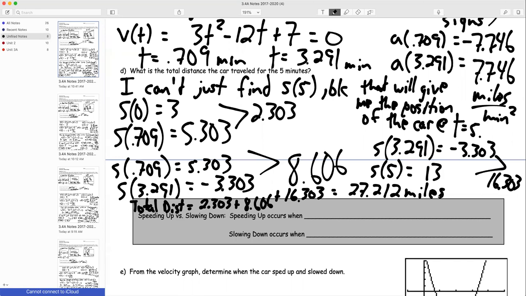If he is moving to the left and I am moving to the left, we are speeding up. However, if the velocity is moving to the right and the acceleration is moving to the left, he is going to be slowing down, and vice versa. If he's moving this way and I'm moving that way, he's going to be slowing down. Okay, thank you, Jackson. Okay, so speeding up versus slowing down.